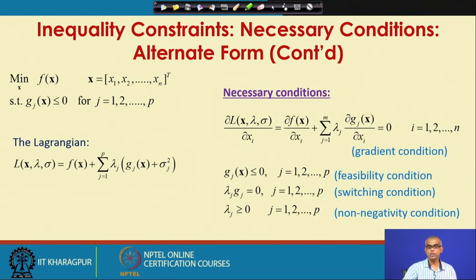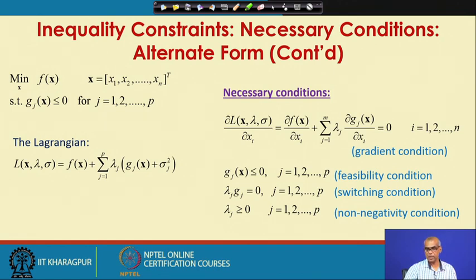This has to be satisfied for all p inequality constraints, we call it the feasibility condition. Then lambda j g j equal to 0, since you have p inequality constraints, so you will have p Lagrange multipliers. So, the product of the inequality constraint and the associated Lagrange multiplier will be equal to 0.